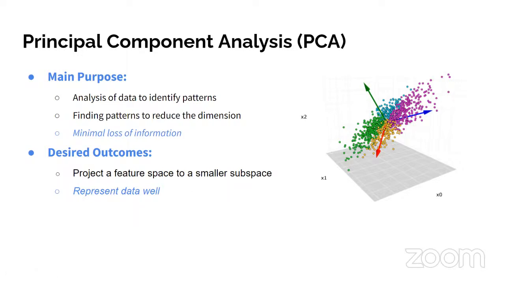And I also want to retain properties similar to the feature space. Whatever properties are there in the 4 dimensional space, I should also be able to see in the 2 dimensional case. That's where the minimal loss of information in representing data comes from.